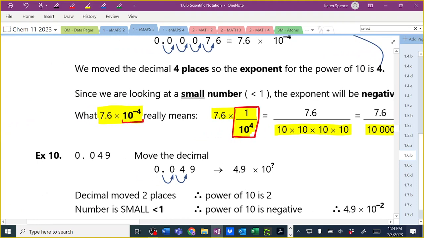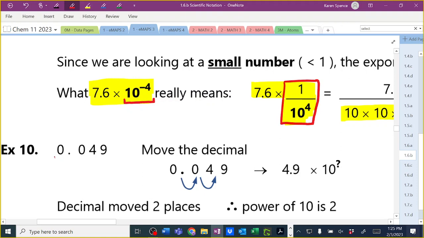0.049. Oh, by the way, we should look at sig figs here too. These zeros, are they on the left, are they in the middle, or are they on the right? Those are zeros on the left. So are they significant? Are they no, not significant, yes, significant, or maybe significant? Remember, NIM.